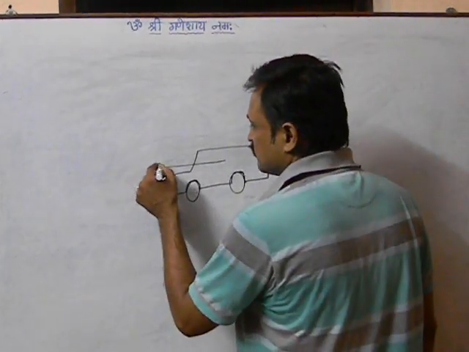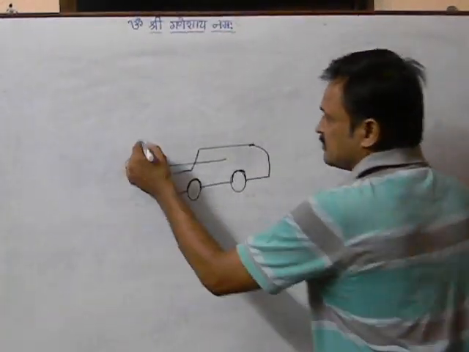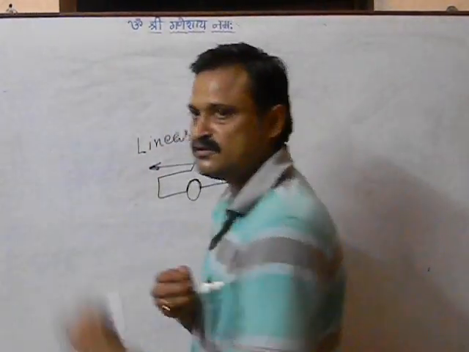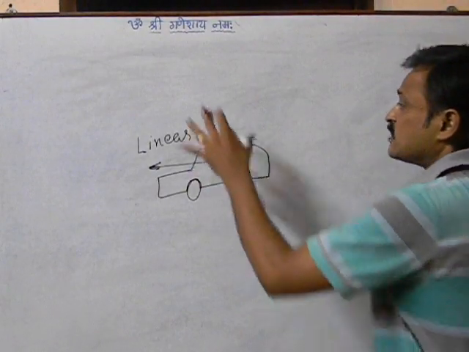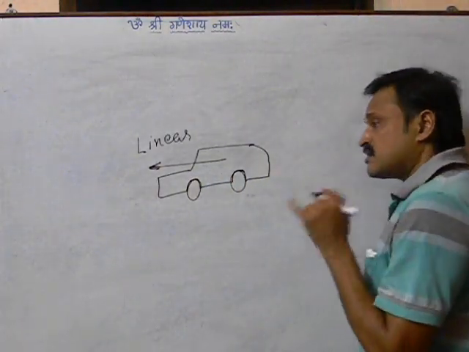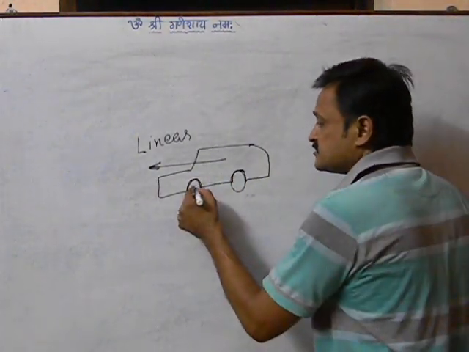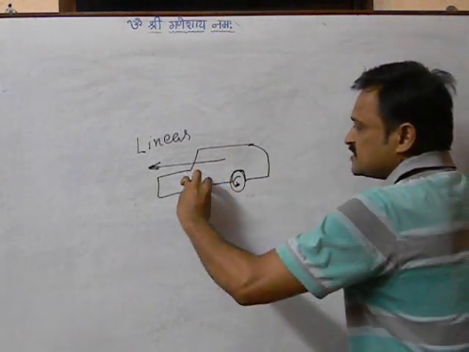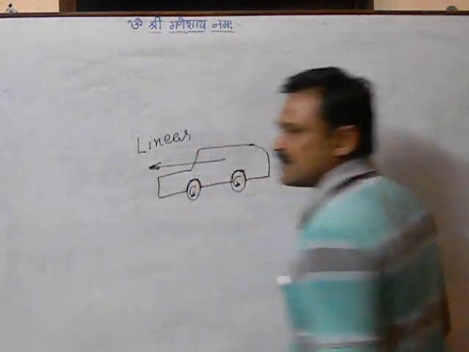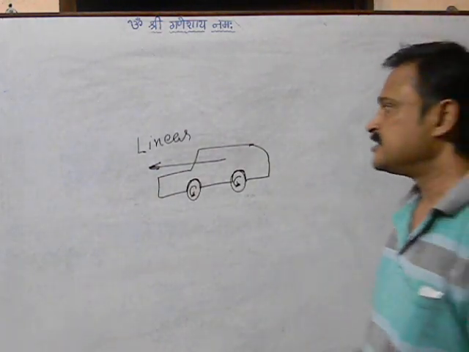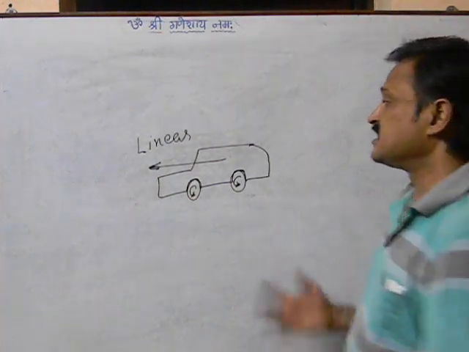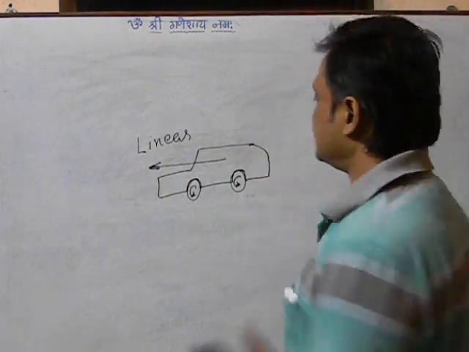Definitely the motion of this vehicle must be linear, because it is going to move on the road. And to achieve this motion, you will see that the wheels have rotational motion, right? So when the wheels rotate, the vehicle will have linear motion. Try to understand, these are two different types of motion which are involved. So that means there is a need of understanding motion, right?